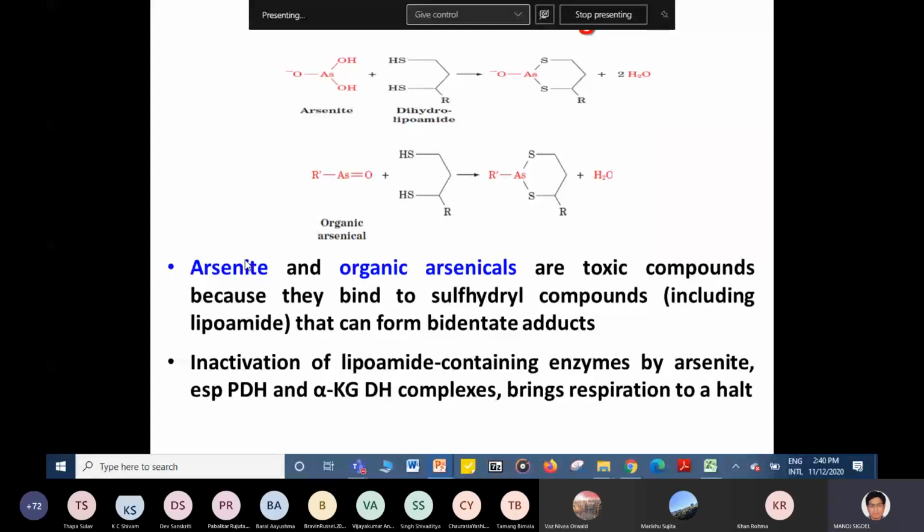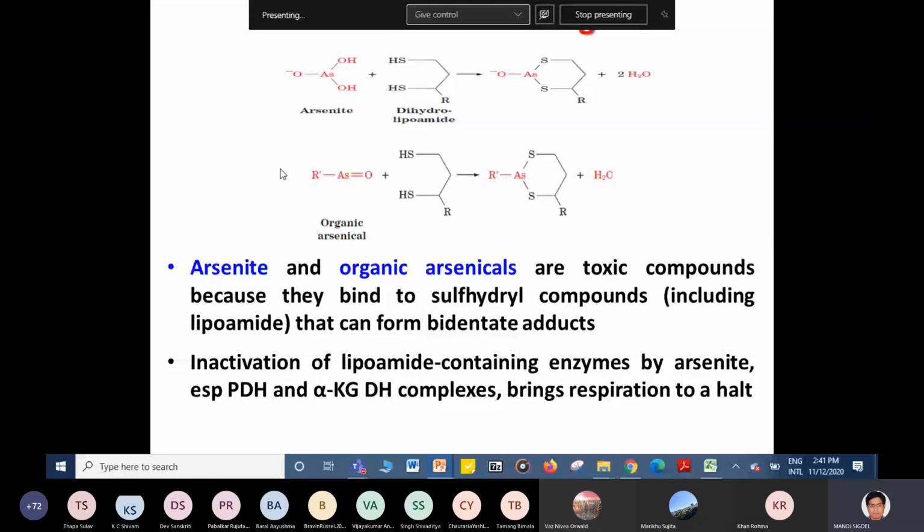There is one clinical application about this pyruvate dehydrogenase complex reaction. Arsenic and organic arsenicals are toxic compounds because they bind to sulfhydryl compounds. What I am going to say is about mercury poisoning or arsenic poisoning. These arsenic compounds bind with the sulfhydryl compounds. Sulfhydryl means this lipoamide, one part of that pyruvate dehydrogenase complex.